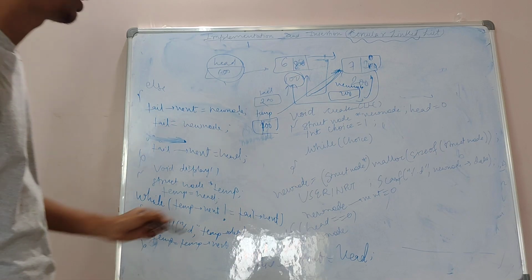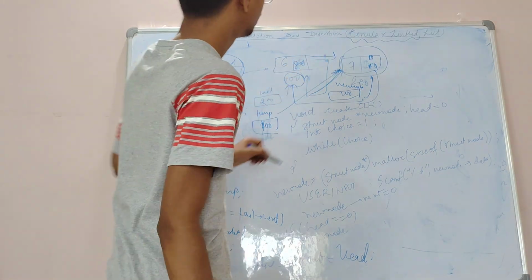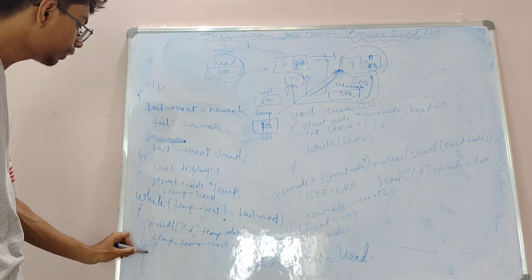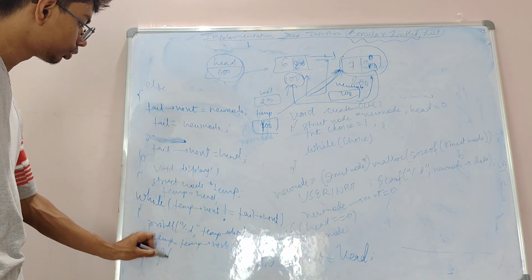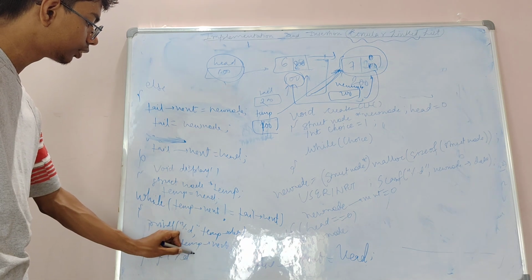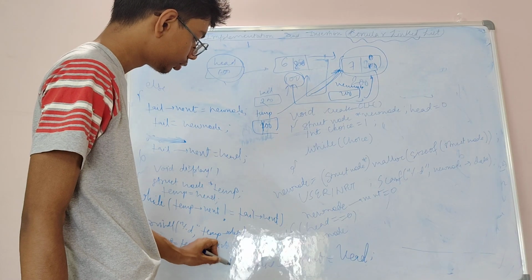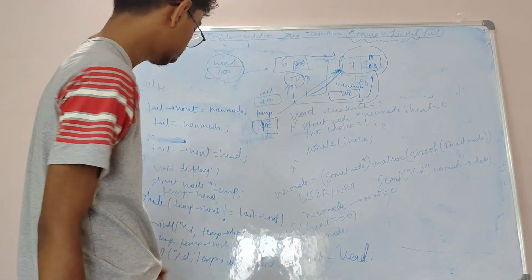For printing the last value, I have to again write printf %d temp of data.